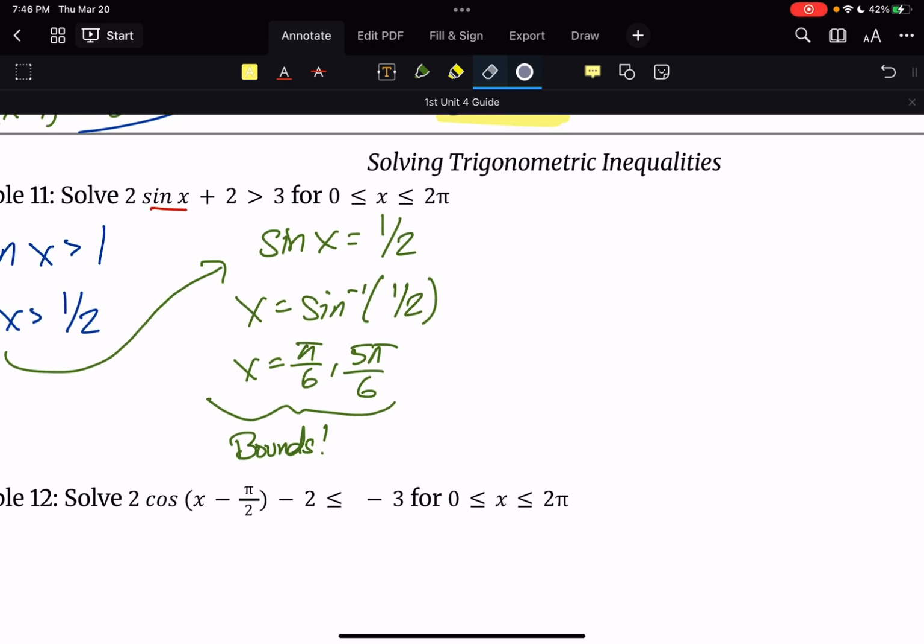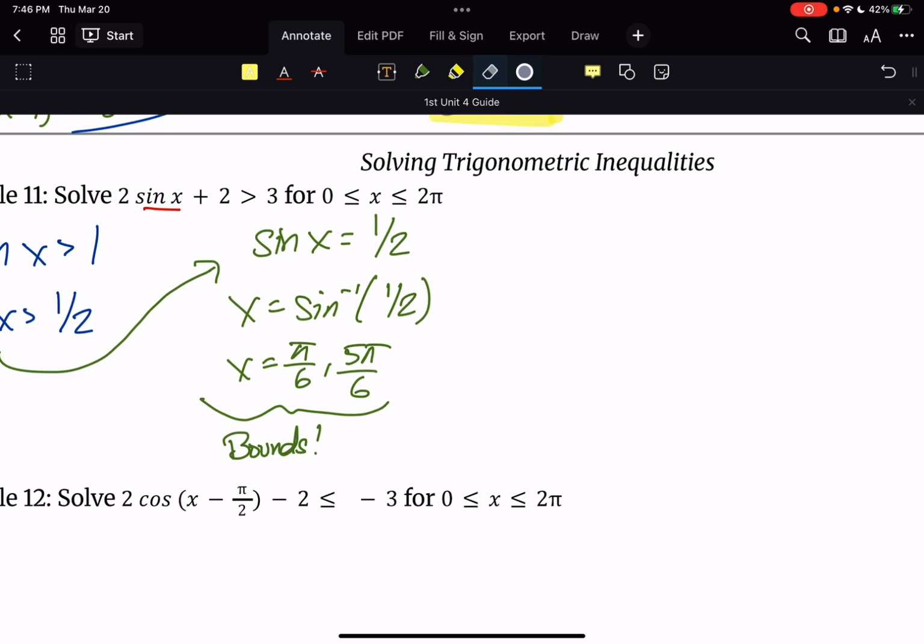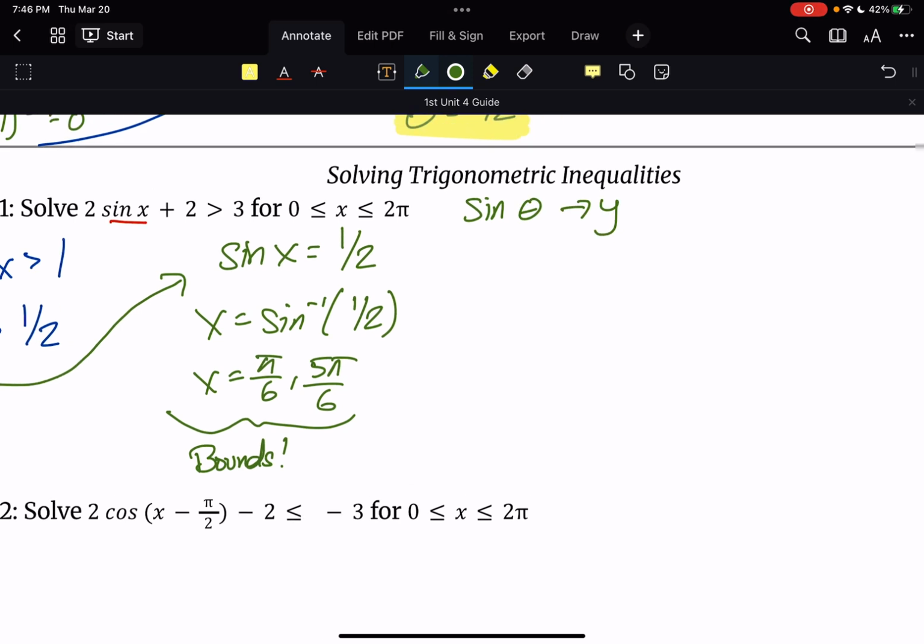So if I think about sine, we know that sine is y. And we know that at pi over 6 and 5 pi over 6, we have a sine of 1/2.